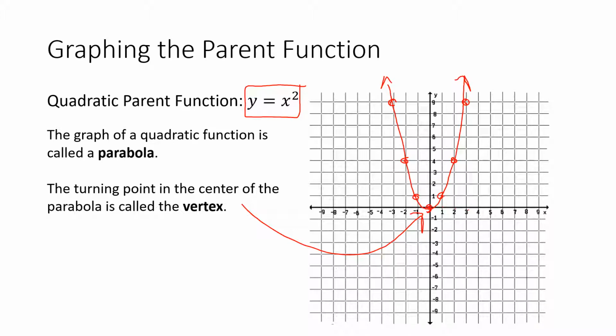All right, so what we want to understand about the parent function is that it starts, the vertex, at the origin, and it follows this pattern: over 1, up 1, over 2, up 4, over 3, up 9, and so on and so forth, because it's all about the x squared.